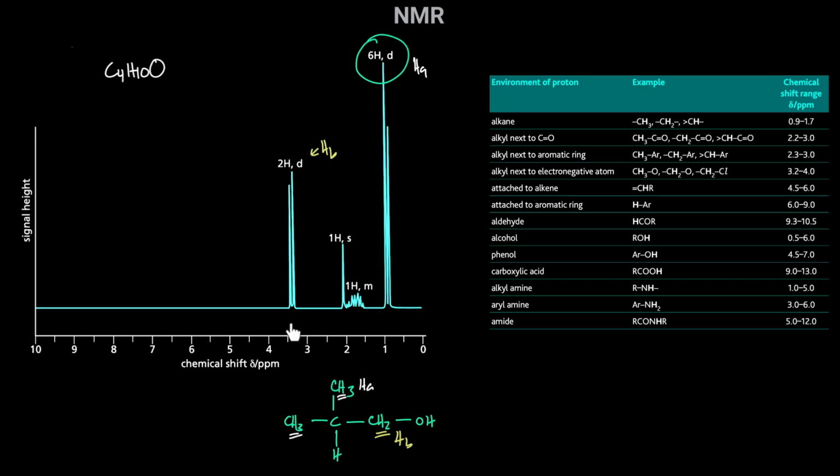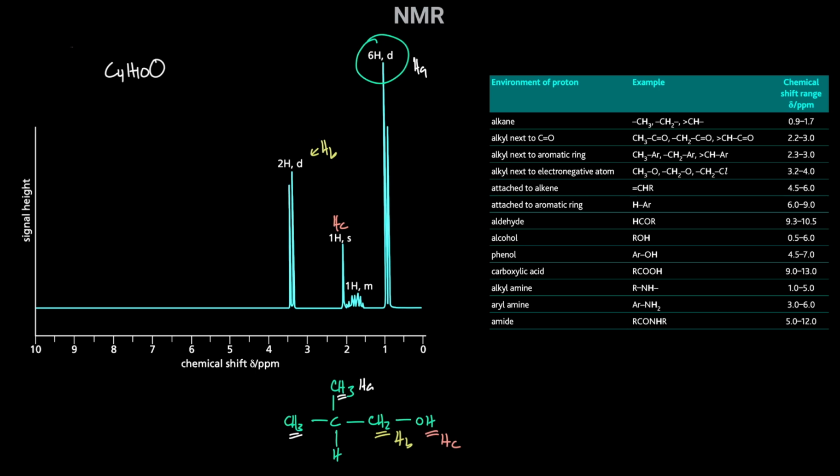That's the only oxygen-containing group that would cause a shift of 3.4 parts per million. So by looking at the molecular formula, we can identify that this was an OH group, or by looking at the shift, we can identify that this CH2 is bonded to an OH group. Let's call that OH proton HC. HC must be a singlet, because protons bonded to oxygens never exhibit a splitting pattern.